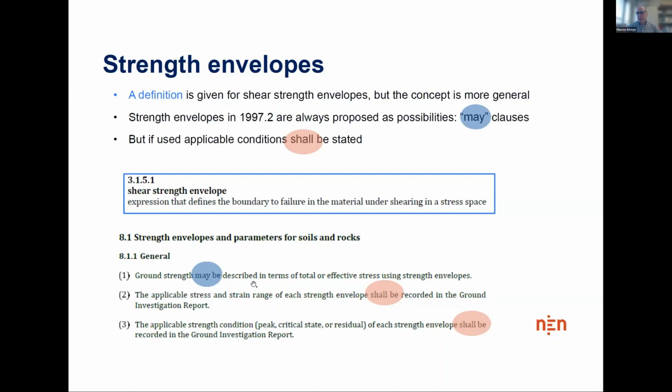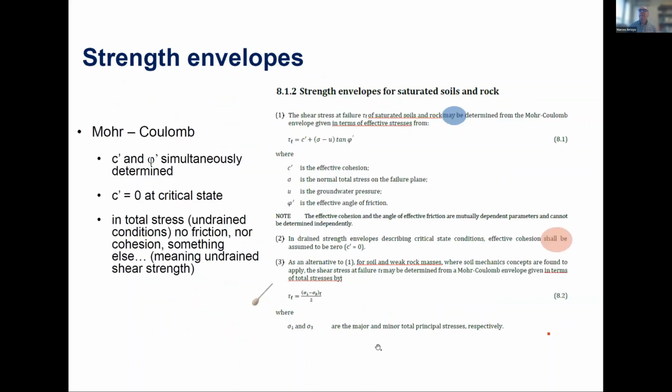You have freedom to choose or not the strength envelopes to describe the strength of the ground that you're characterizing. But then if you actually use strength envelopes, you have to be precise. You have, for instance, to express what is the applicable stress and strain range, or the strength condition. Is it peak? It appears for peak, for critical state, for residual conditions. And that we'll see happens again and again.